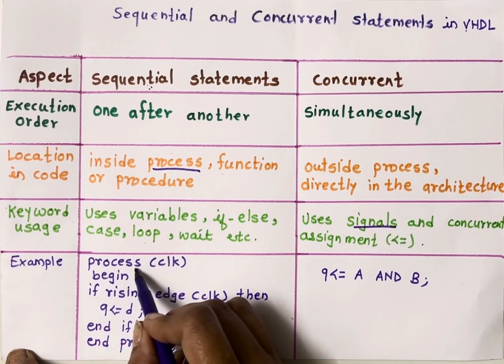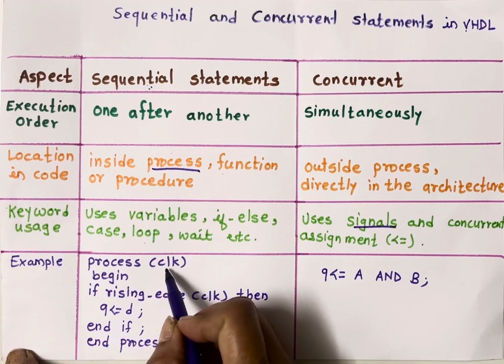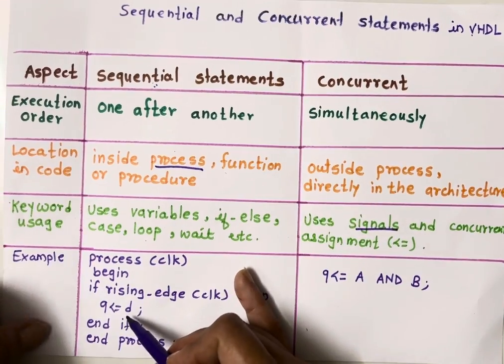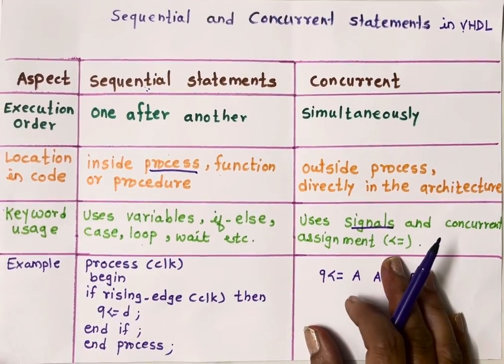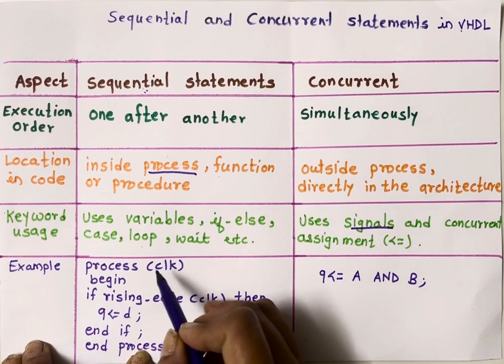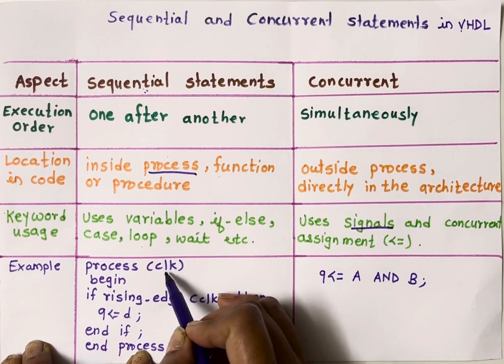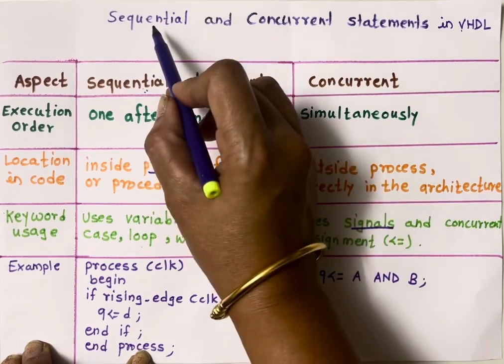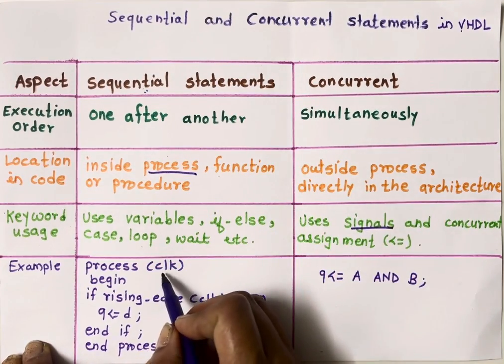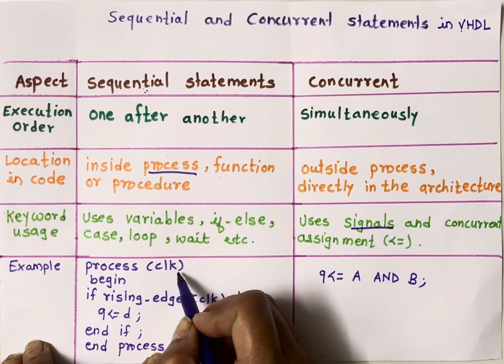So here this process is inside architecture. So clock is written in sensitivity list. So see, here Q is assigned as D, but value of D will get assigned to Q only if event will occur on clock. So you need to remember sequential statements execute only if an event occurs on sensitivity list.